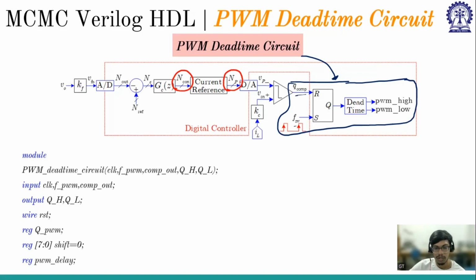Why is there a requirement of offset binary, sir? Because this DAC understands only offset binary form.